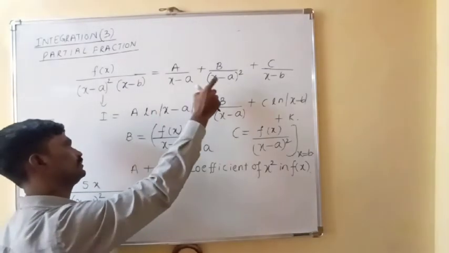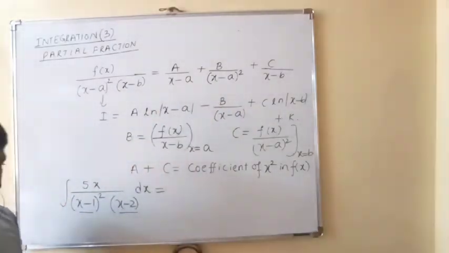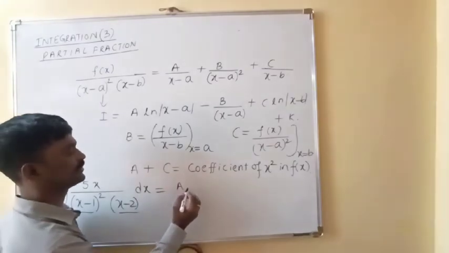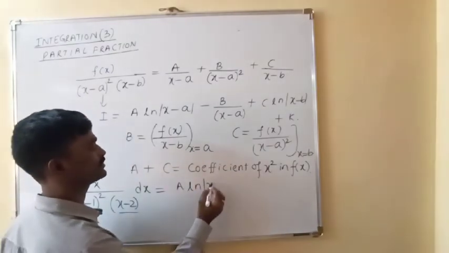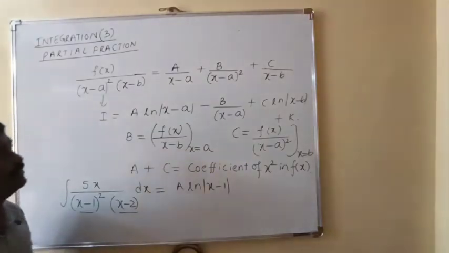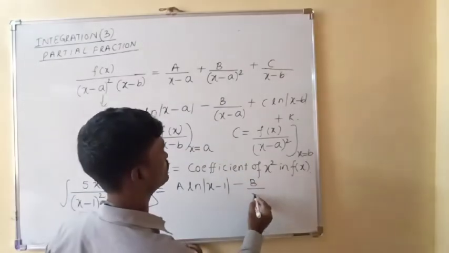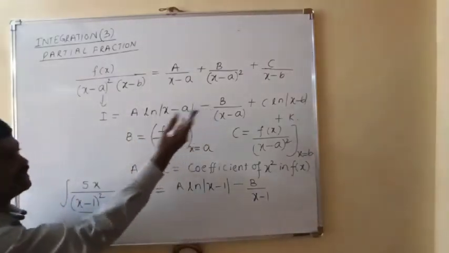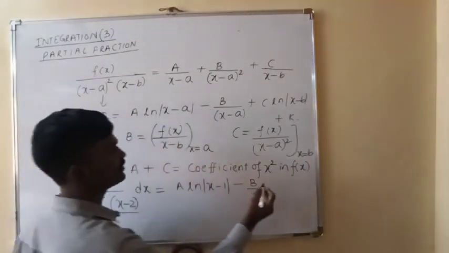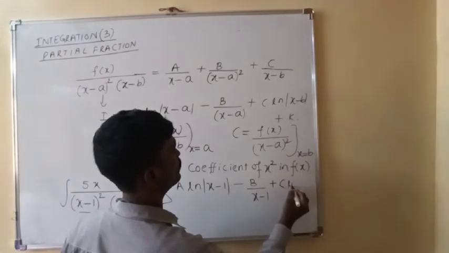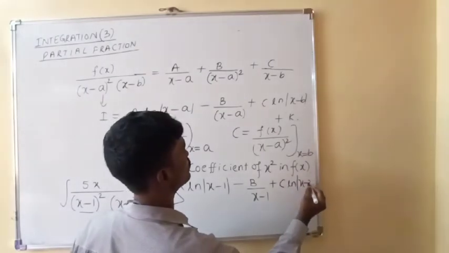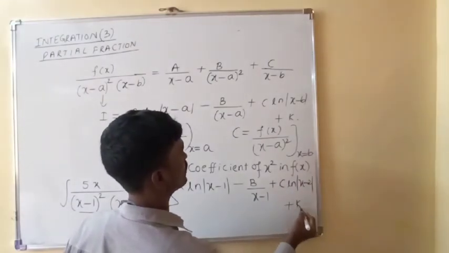A by x minus 1 plus b by (x minus 1) whole square. Integral of a by x minus 1, what you will get? A into ln of mod x minus 1. And integral of b by (x minus 1) whole square, what you will get? Minus b by x minus 1, plus c by x minus 2. Integral of c by x minus 2 gives c into ln of mod x minus 2, plus say constant k.